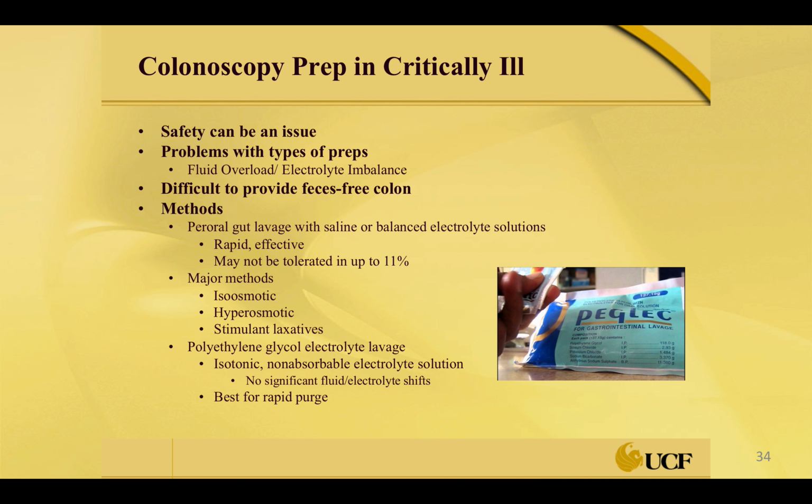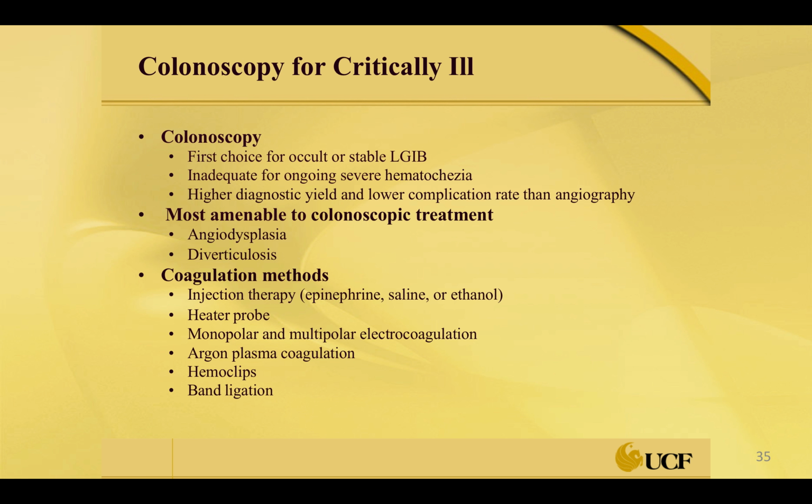Polyethylene glycol electrolyte lavage is also very common. It's an isotonic, non-absorbable electrolyte solution that yields no significant fluid or electrolyte shift. So for patients with congestive heart failure, metabolic derangements, or renal impairment, this is a good choice, and it is very good for rapid purge.